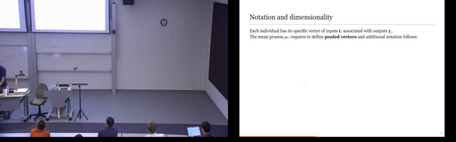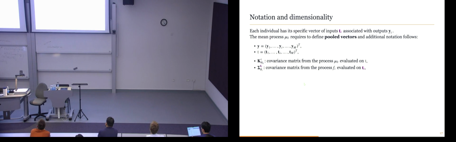So a little bit of notation just for you to follow the next slides. Each y_1 to y_M is a vector of observations from the M different tasks, and I stack all this into y. And I stack all the time points, because you will need to look at the mean process everywhere we've observed something, so I pool all the timestamps into one vector t.